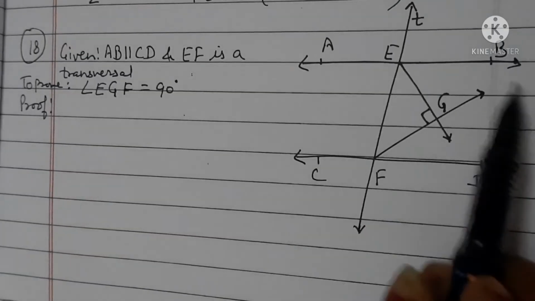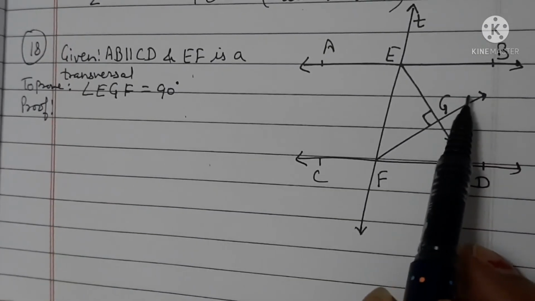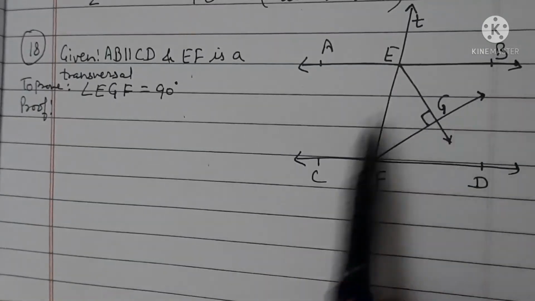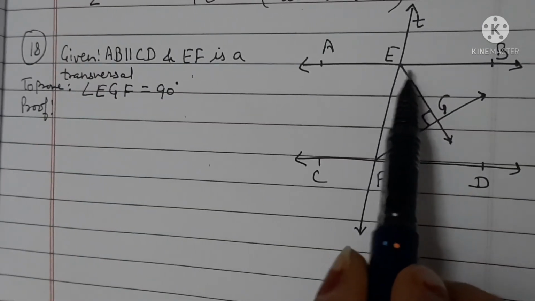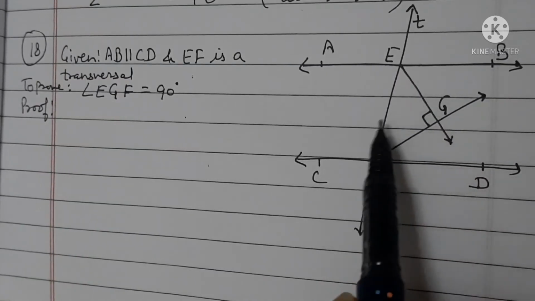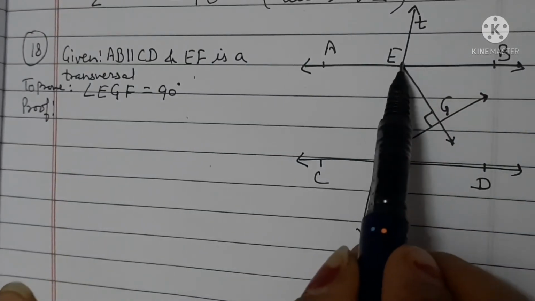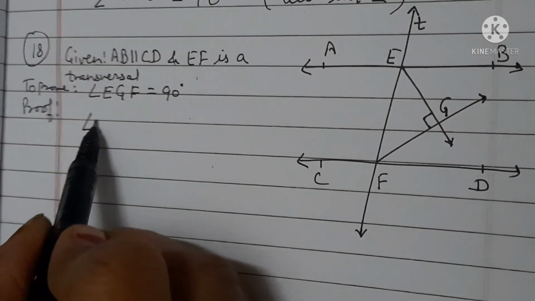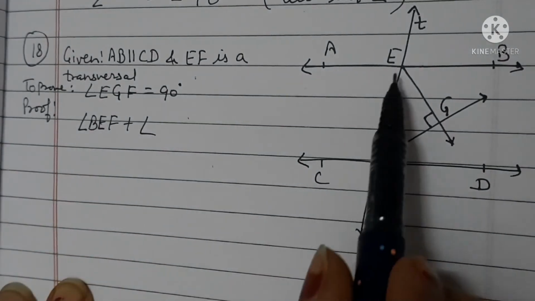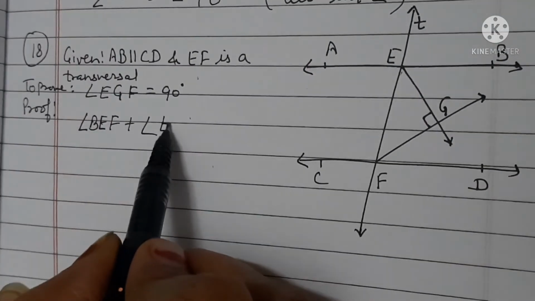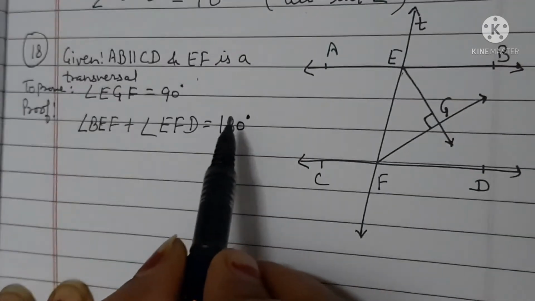Now see the figure. Here EG and FG are bisectors and AB is parallel to CD and EF is a transversal. So sum of co-interior angles will be 180 degrees. Means angle BEF plus angle EFD is equal to 180 degrees.